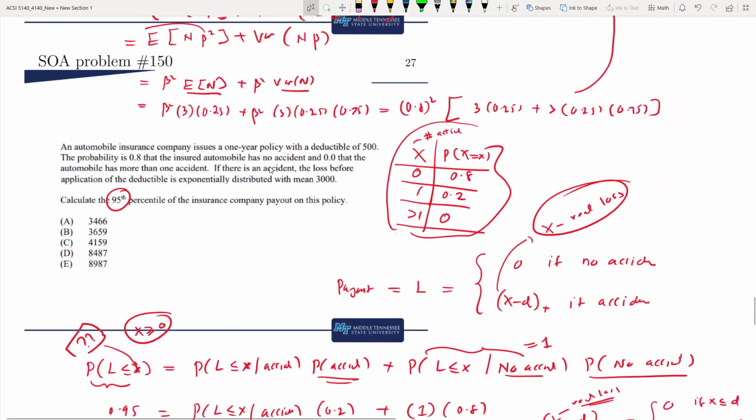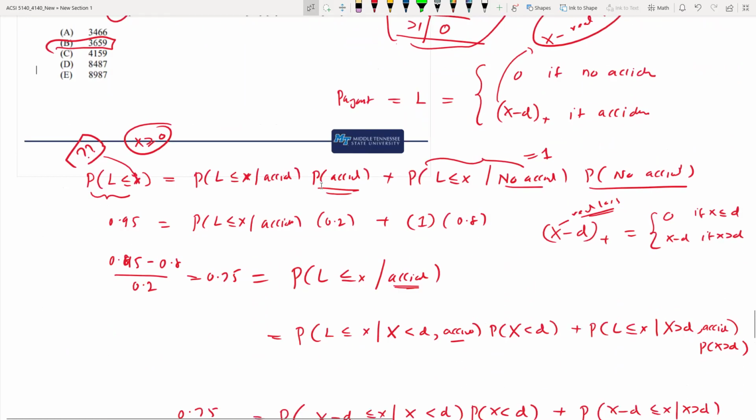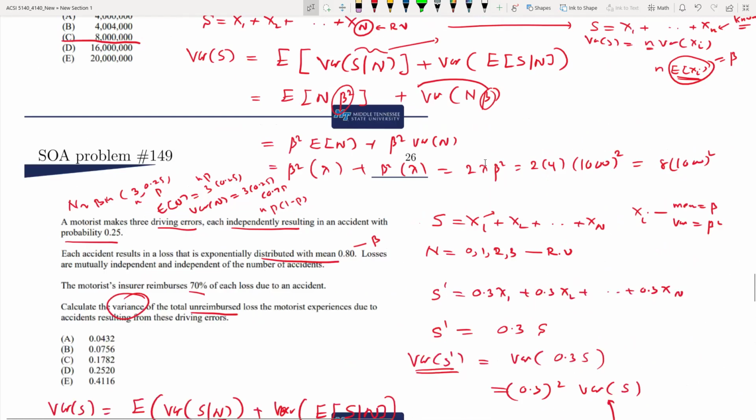We have an answer like that? 3658, yes. So that's the 95th percentile. That's the end of this exponential random variable section.